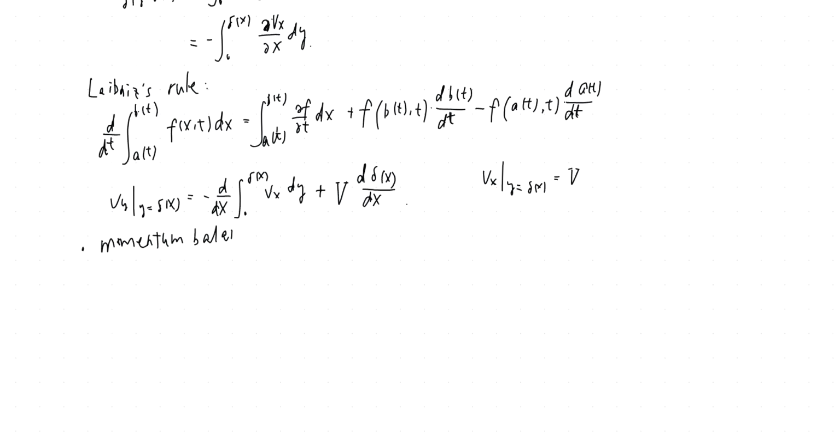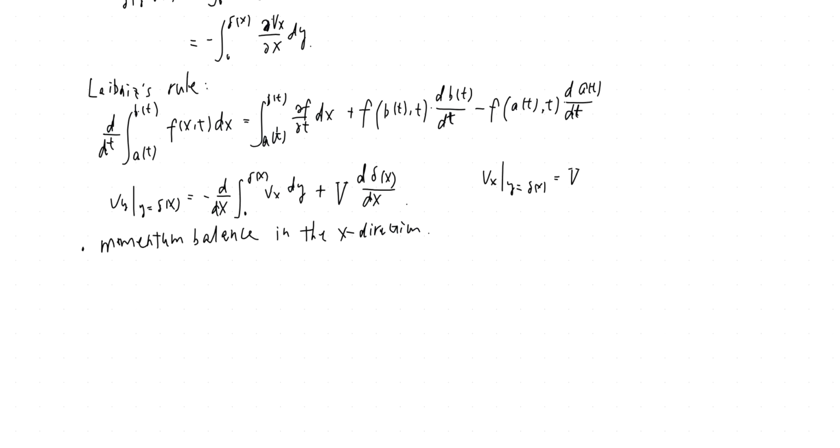Momentum balance in the x direction. So momentum is a vector, and when you talk about the momentum balance, similar to the force balance, it's direction specific. So here we are developing the momentum balance in the x direction. When we talked about mass balance, there is no direction.